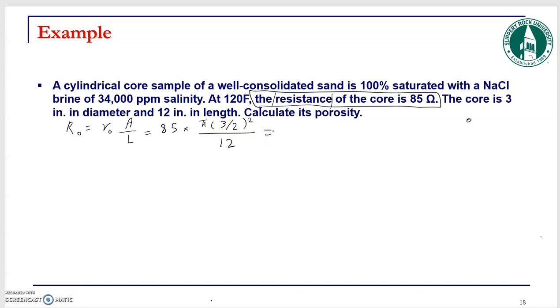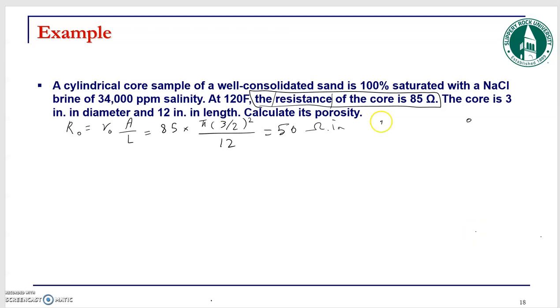So if you do this calculation, you will get 50 inches, right? That's the unit because we used inches to calculate the area and length of the sample. The next step is to convert this into ohm meter because that's usually the unit we use.